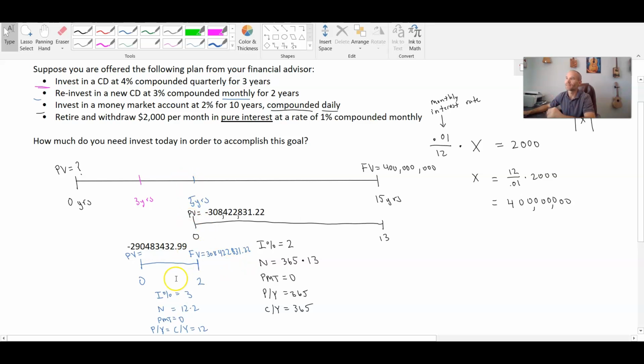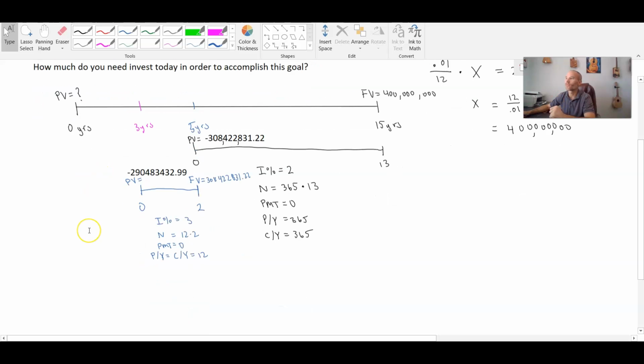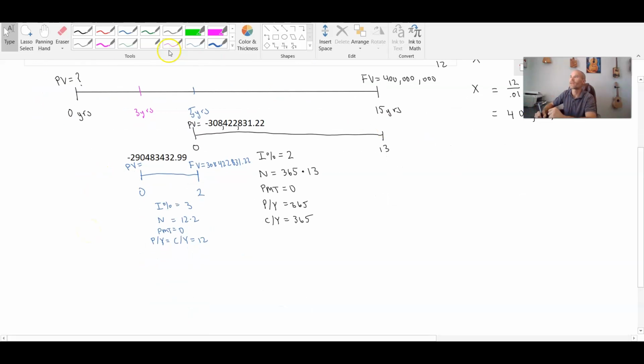And guess what? Now we're going to do the same thing for the 3-year period. And for that 3-year period from time 0 to time 3, we need to make sure that our future value at this time, I'm going to do a little arrow here, needs to be $290,483,432.99.